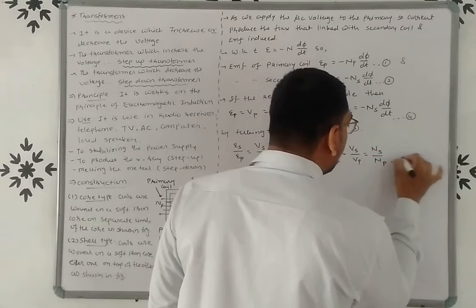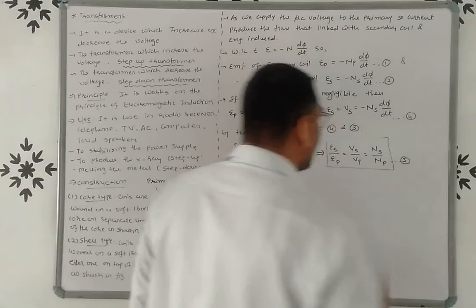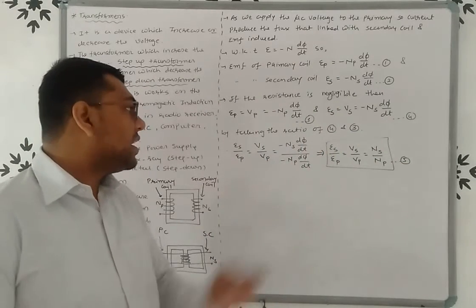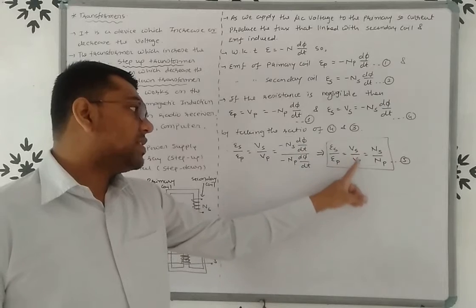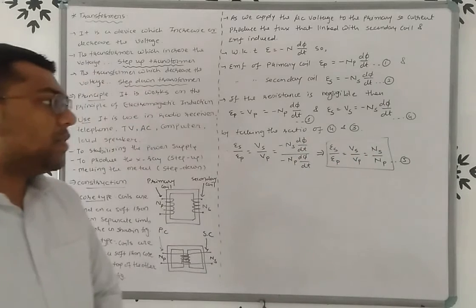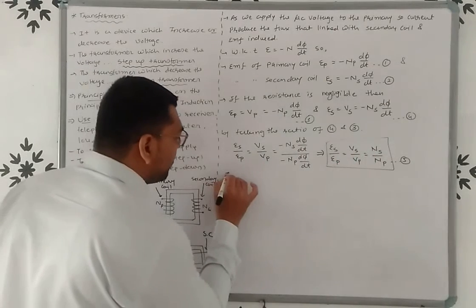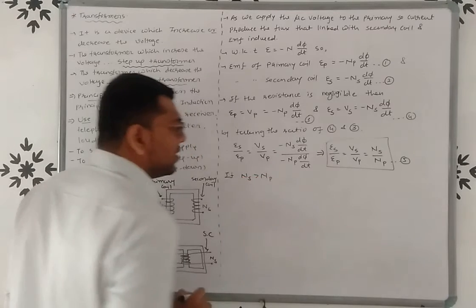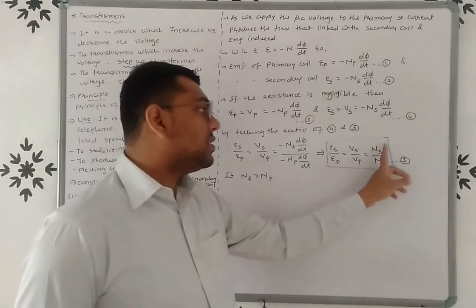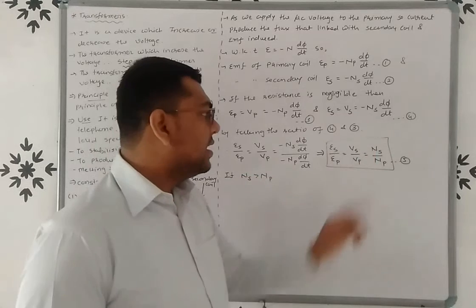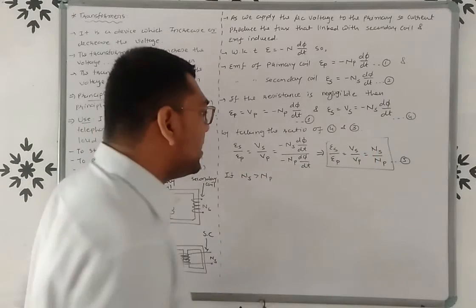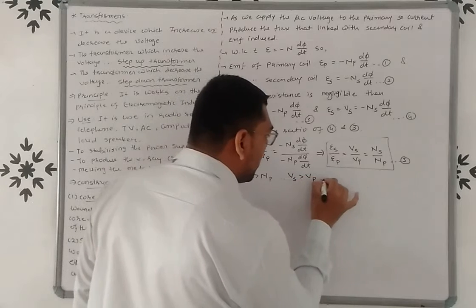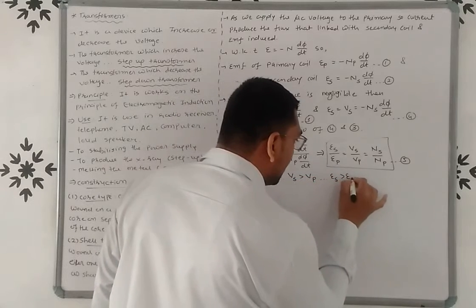This is equation 5. The minus cancels, d phi by dt cancels, so we get ES upon EP equals VS upon VP equals NS upon NP. So if NS is greater than NP, that is, if the number of turns in the secondary coil is greater than in the primary coil, then we get VS greater than VP or ES greater than EP.